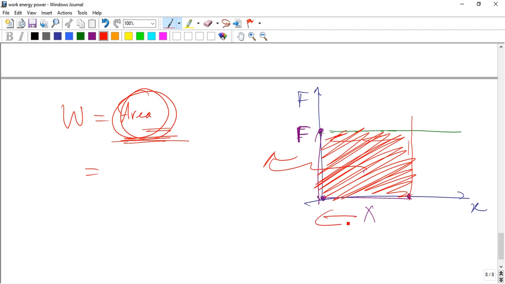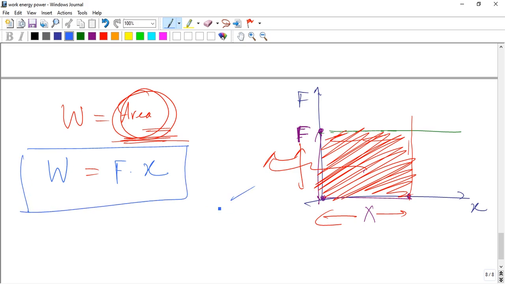So here length is x and breadth is F. So that is also called work done. So simple concept here. In case of variable force, the shaded area under the curve represents the work done.